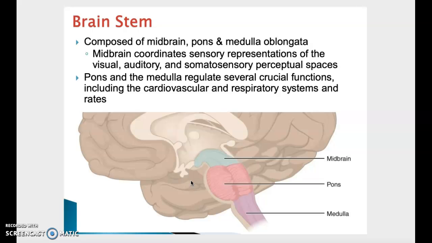The midbrain coordinates perceptual spaces through sensory representations with the visual, auditory, and somatosensory areas of the cortex, as previously mentioned when I was discussing their different functions in the gyrus, along with the primary visual cortex of the occipital lobe and the temporal lobe that deals with auditory sensory information. The pons and medulla control systems involved in the autonomic system for survival instincts, such as cardiovascular and respiratory functions, for example, the heart rate.